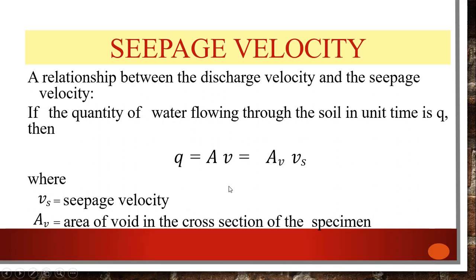In permeability of a soil, we are considering the total cross sectional area of the soil, but in actual condition the water will flow only through the voids. But from a study point of view, we are taking the total cross sectional area of the soil.